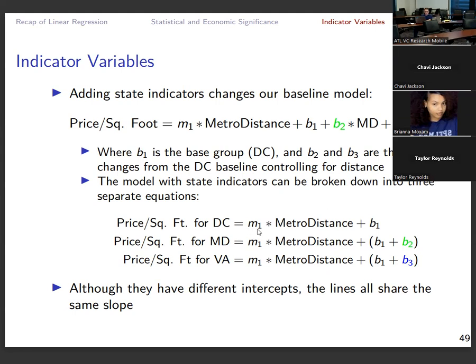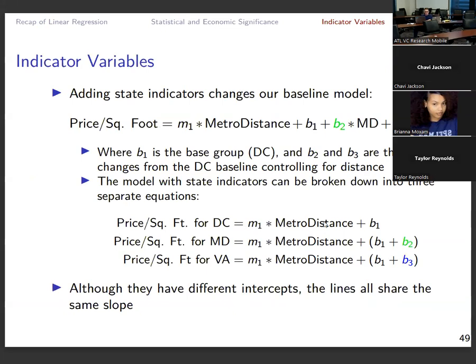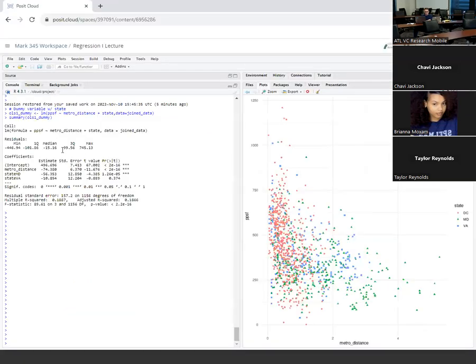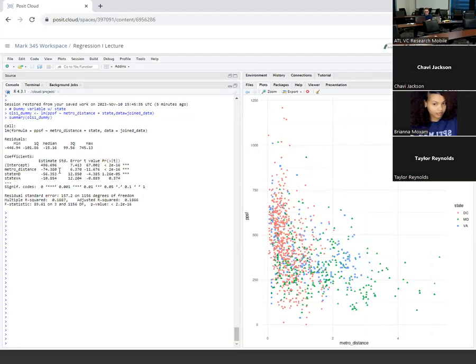So since that M1 is minus 74, looking at this, what would you say? For every additional mile away from a metro station, what would happen to the price per square feet in either DC, Maryland, or Virginia? In DC, it would decrease by $74.